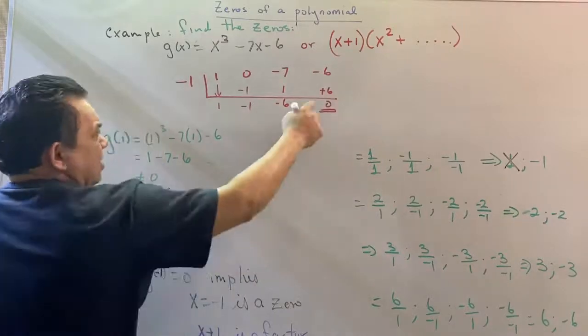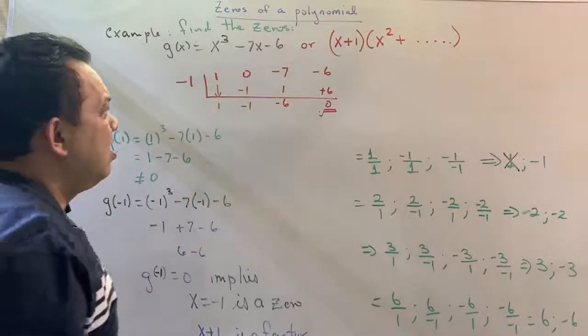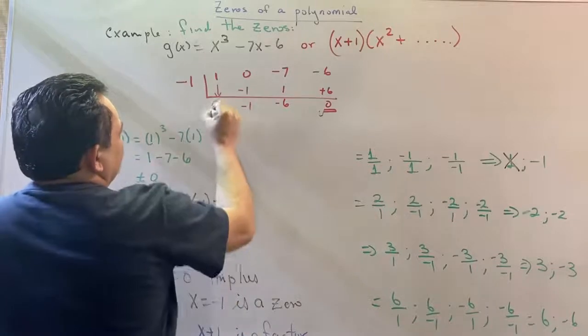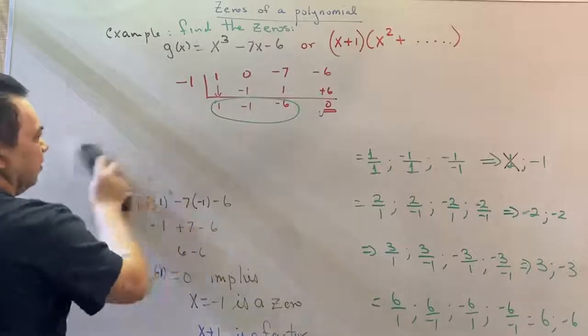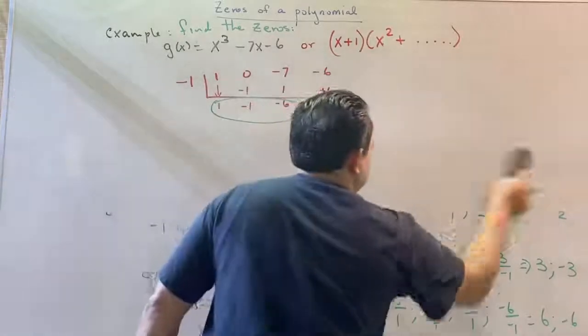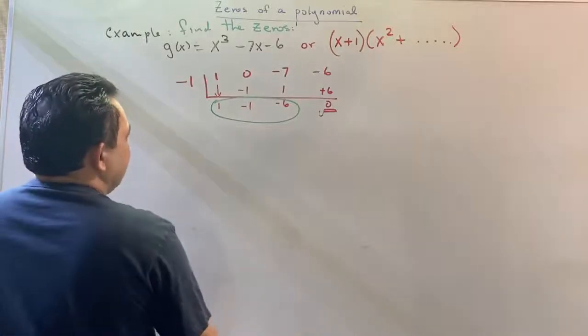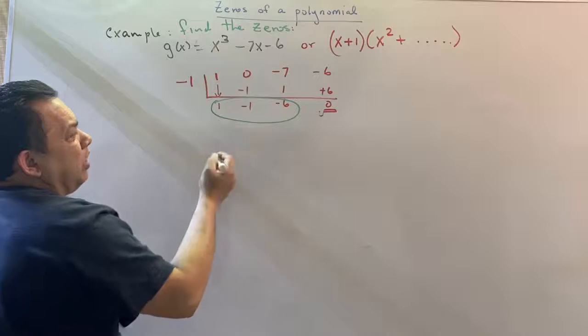So once again, that 0 implies that -1 is a 0. So this tells me my quadratic. That's my quadratic that I'm looking at. So since this is a cubic, the degree will decrease.